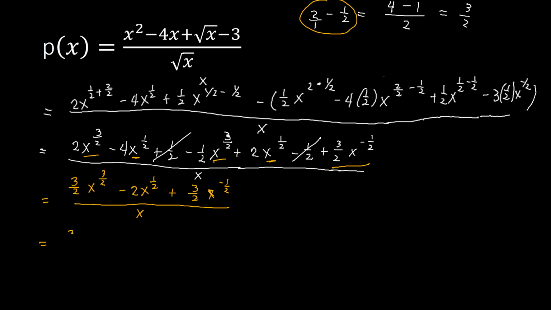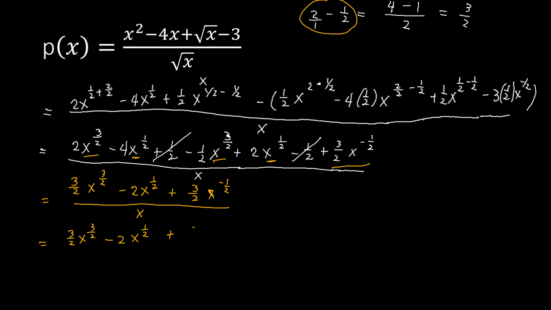So we have 3 halves, x to the power 3 halves, and then minus 2 x to the power 1/2, and then bring down, but still we have a plus 3 here. Or if you want, you can just simply multiply 3 and x to the power of negative 1/2.